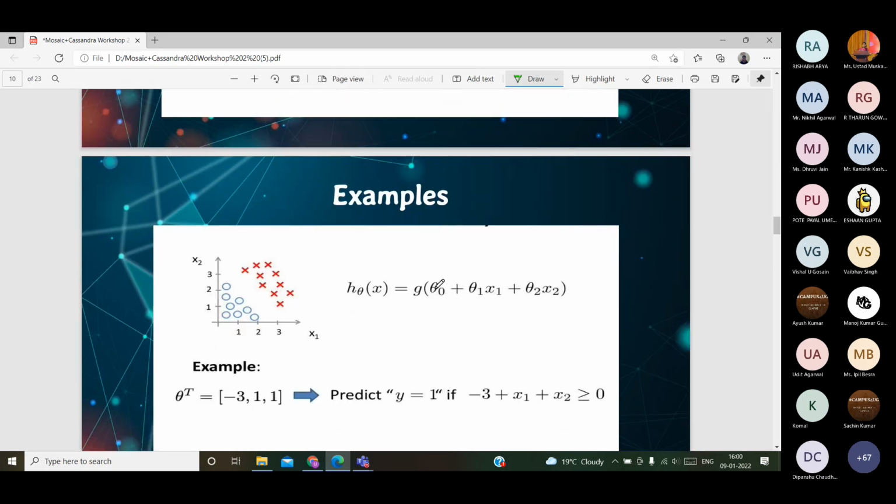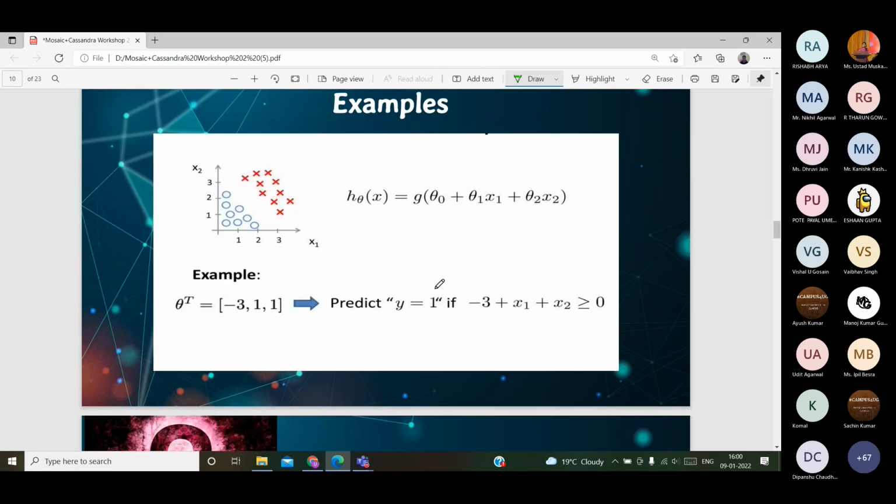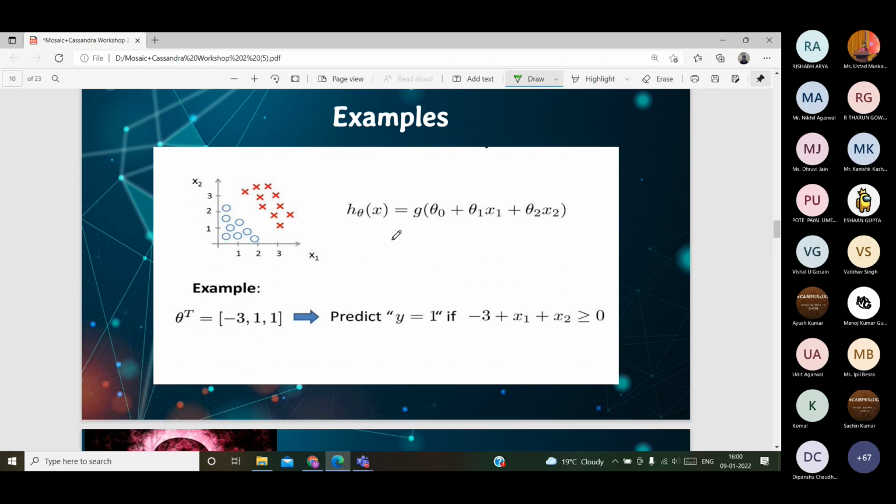Now let us take some examples of decision boundary, to understand it better. Let us say that we have a function theta naught plus theta 1 x1 plus theta 2 x2, and this is the data set, where this is the positive class, let us say, and this is the negative class. How will we differentiate?